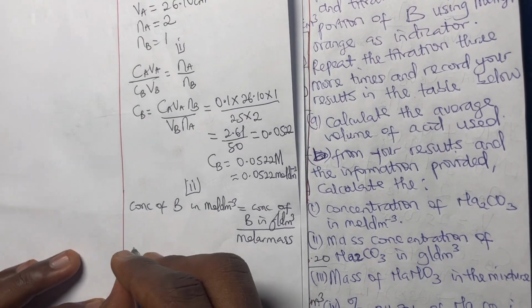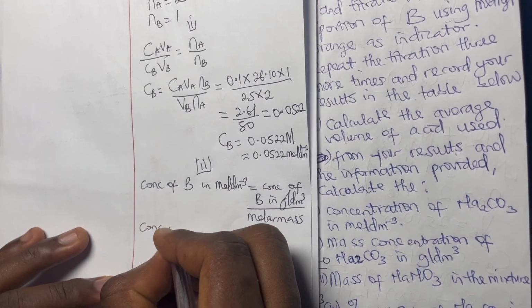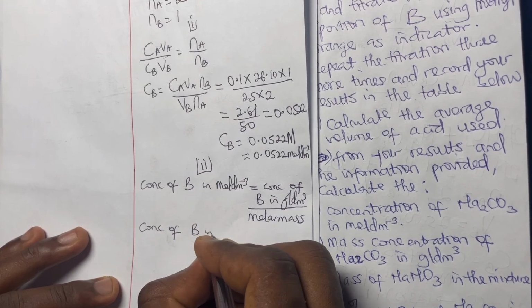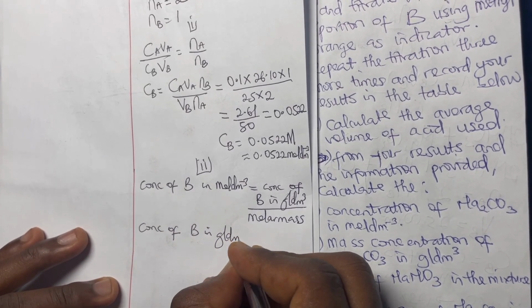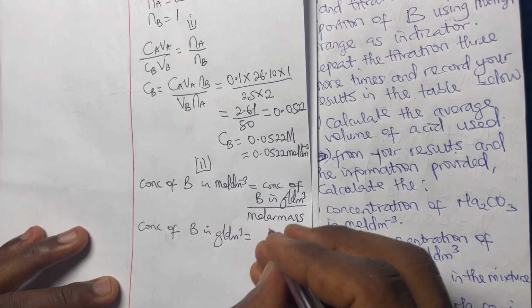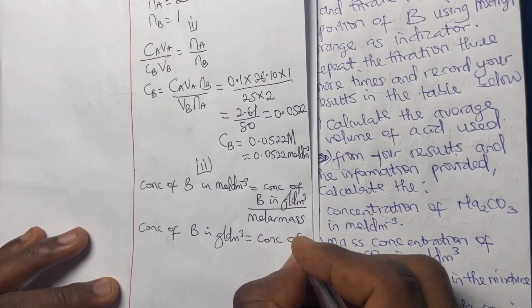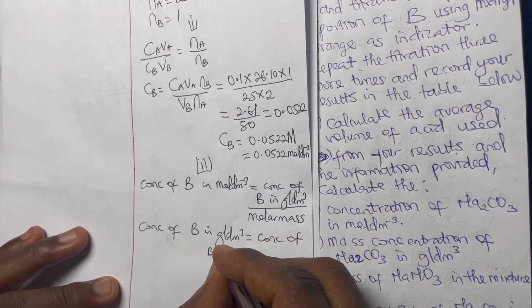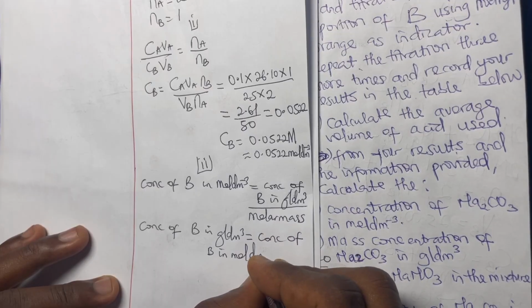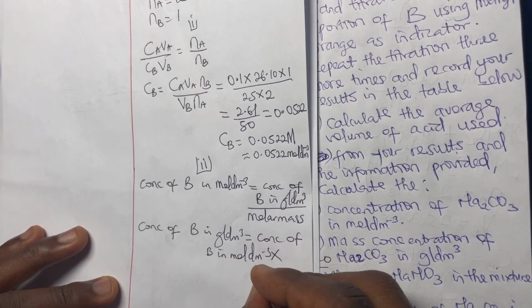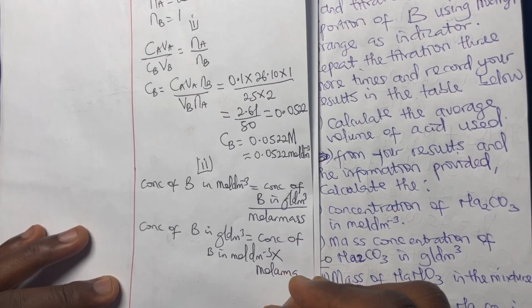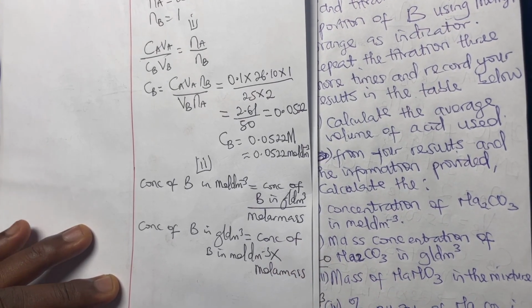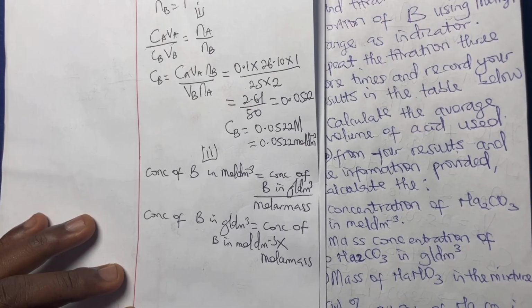As you can see, I am looking for the concentration of B in gram per dm cube, according to the question, the mass concentration of Na2CO3 in gram per dm cube. So let me cross multiply. That will be concentration of B in gram per dm cube equals concentration of B in mole per dm cube times molar mass. So what is the molar mass of Na2CO3?